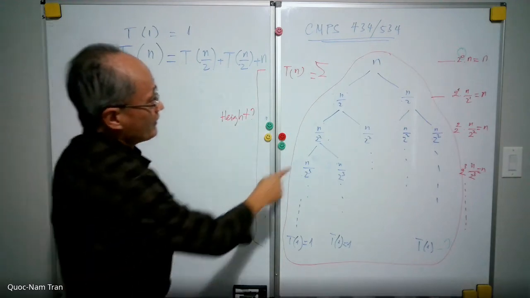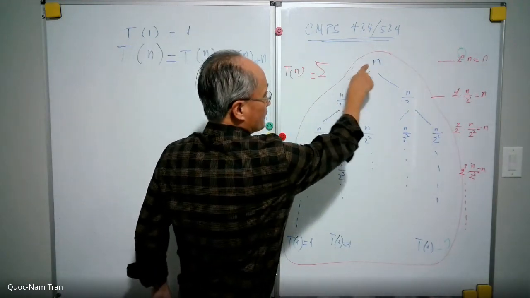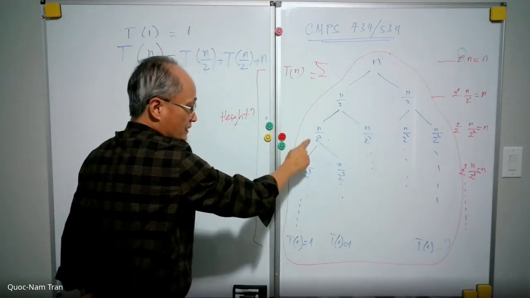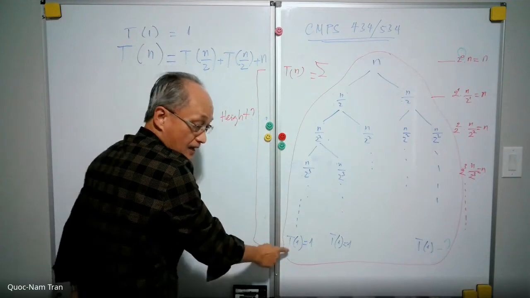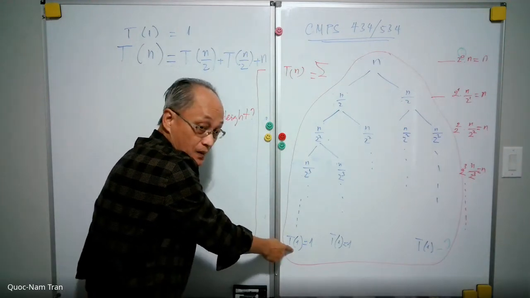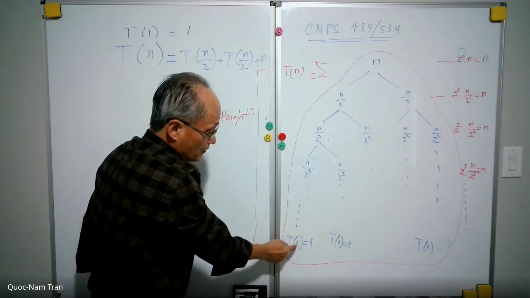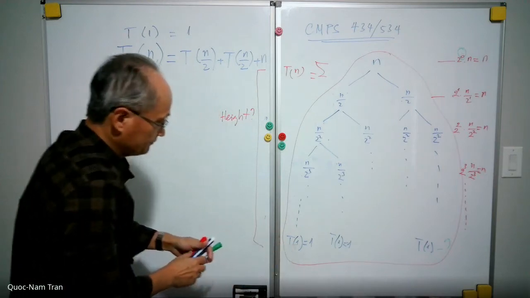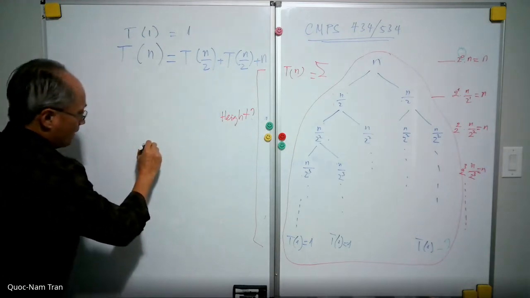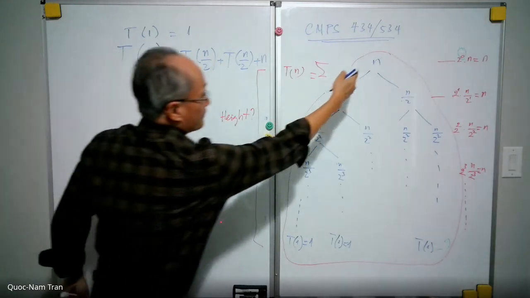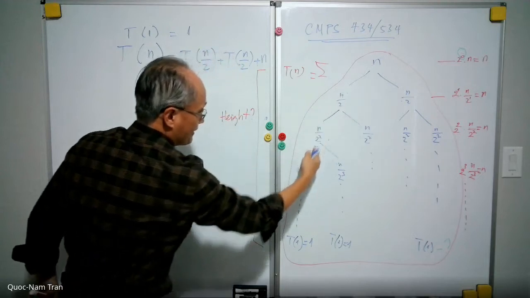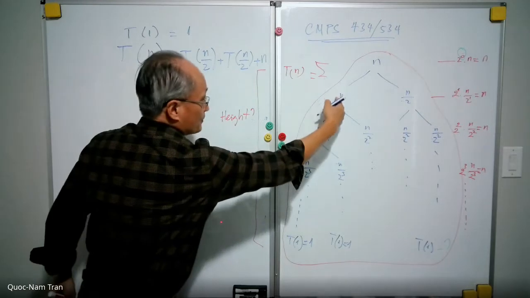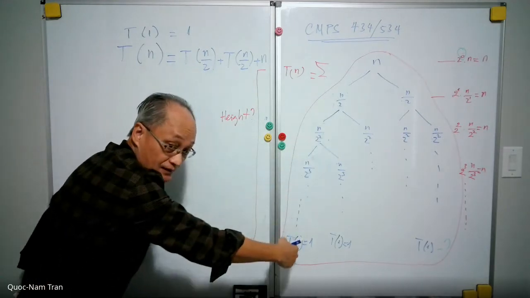So here, when you look at this, level 0, you have n, and then divides by 2, divides by 2, divides by 2, divides by 2 until we have 1, right? So for this one, what is 1? 1 will be using this pattern and divides by 2, divides by 2, etc. Right?